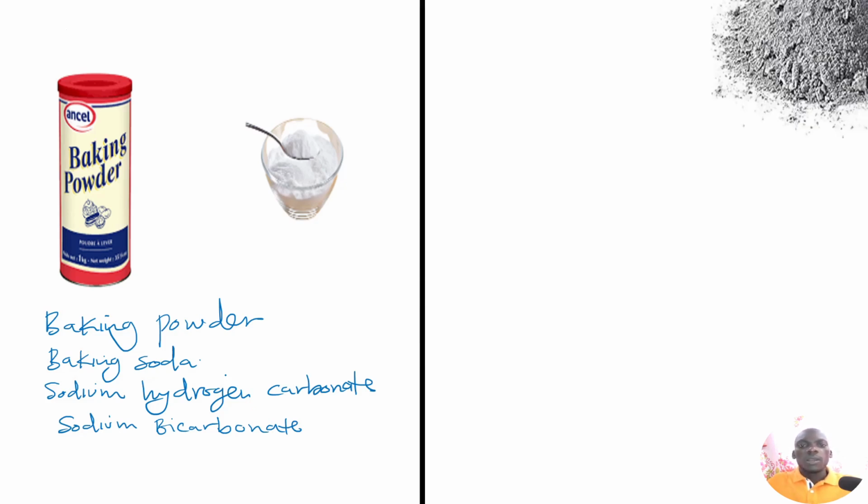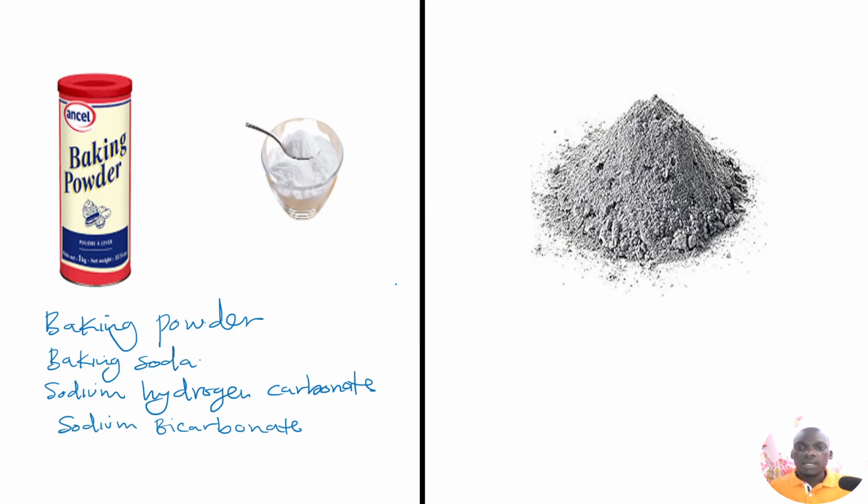Alright, we can have another one, and this is ash. The real ash, it may be ash of wood, it may be of banana peelings, maybe of cassava peelings. So the ash is also alkaline. It has that element of alkalinity.